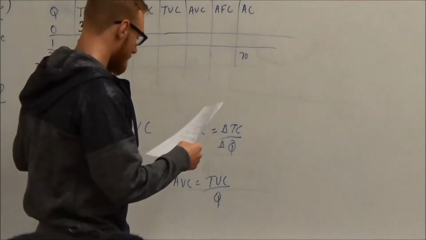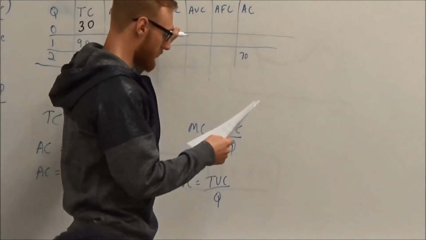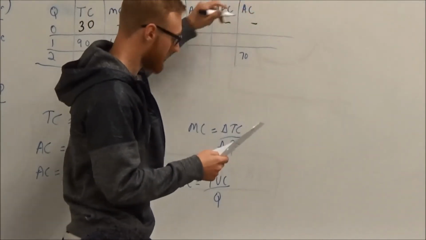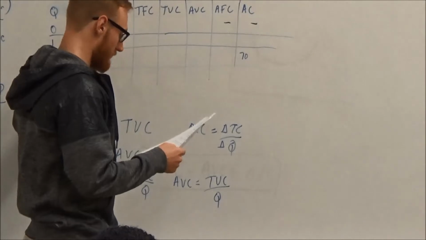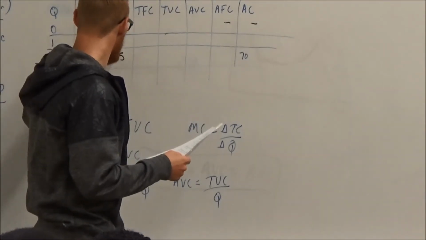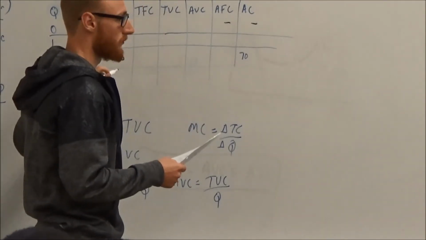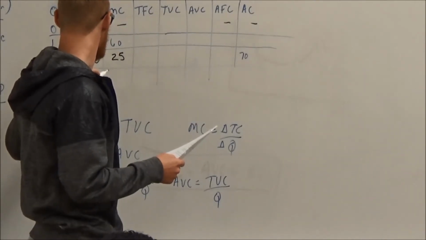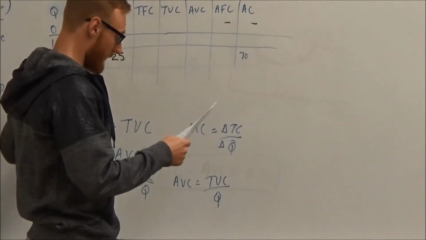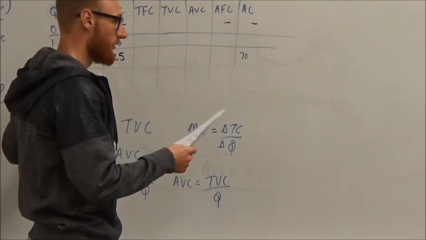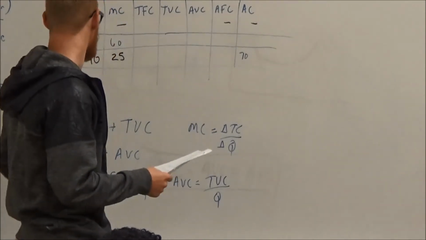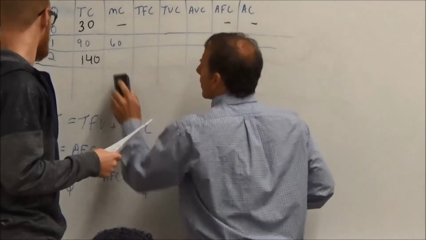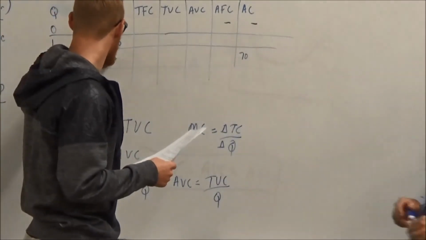Keep going, real quick. Okay, so we can't do the marginals. There you go. Good. What would be the difference between those two? 50, right? The marginal cost one? It's just 90 minus 140.